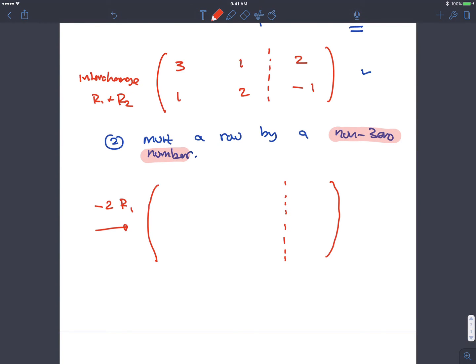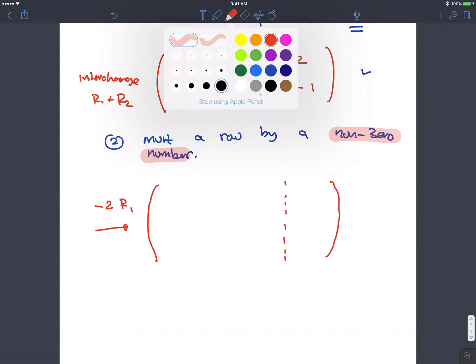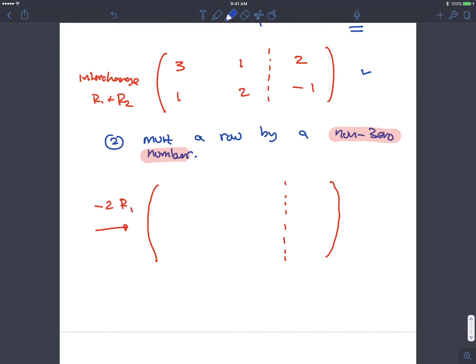So I'm going to take the first row, and every entry in that first row, I'm going to multiply by -2. So -2 now times every entry in row 1, and I notate this right here. It reminds me what I'm doing.